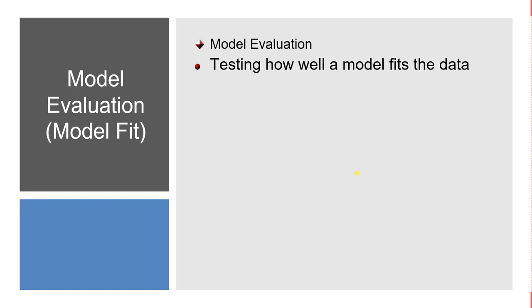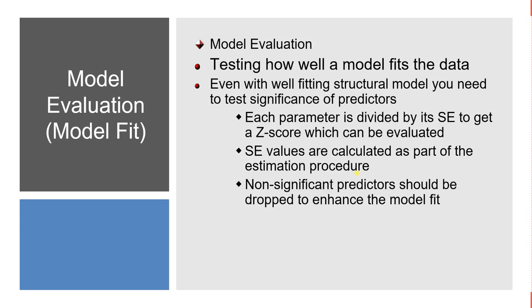And then, after doing parameter estimation, we will evaluate whether the model that we have just estimated is a good fitting model or not. And then the model evaluation procedure begins. It is basically testing how well a model fits the data.